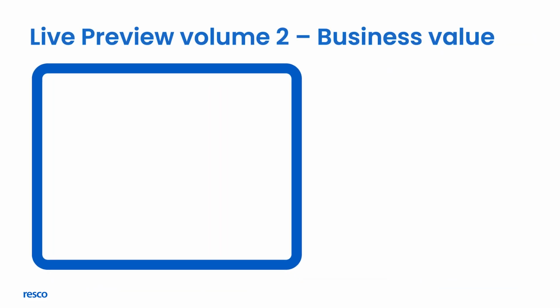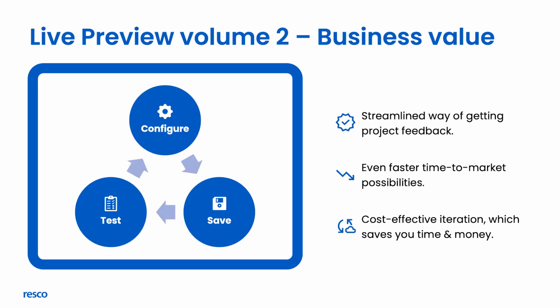Looking at the business value aspect, with a more meaningful, streamlined set of components, we'd like to give you a streamlined way of getting the project feedback early, faster time to market possibilities, better than before, and last but not least, a cost-effective iteration which saves you time and money.